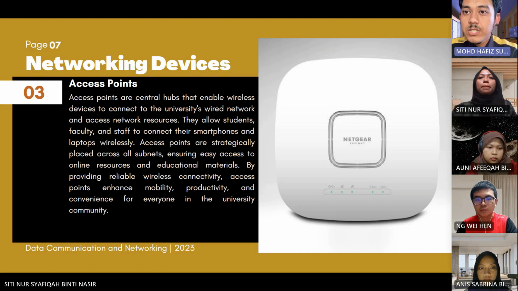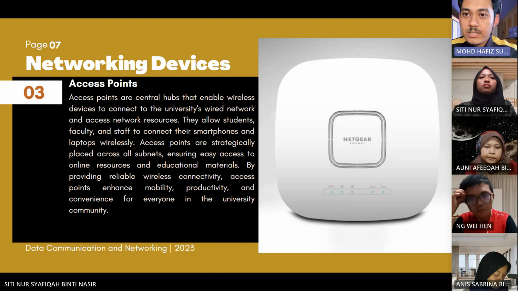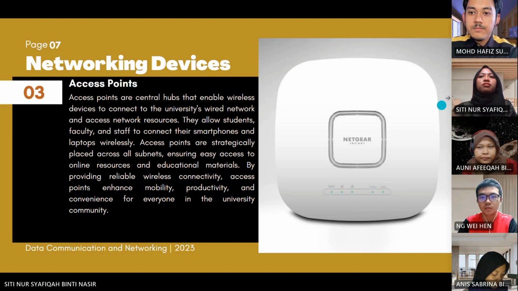These access points are strategically placed across the subnets to ensure easy access to online resources and educational materials. By providing this reliable wireless connectivity, access points enhance mobility, productivity, and convenience for everyone in the university community.